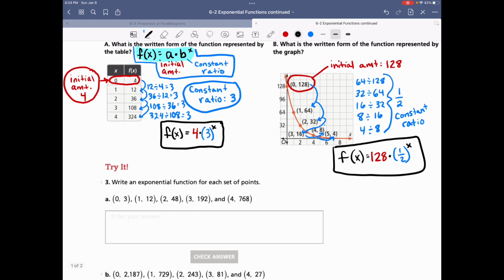Let's do the first try it together, since this is not quite a table or a graph, it's a set of points. The initial value is this, 0, 3.